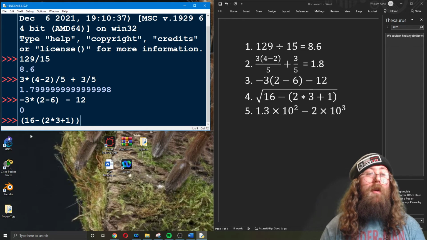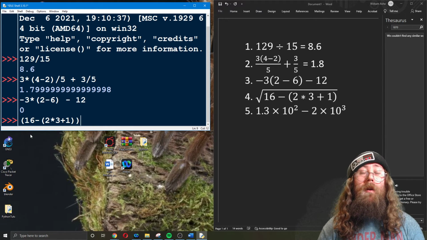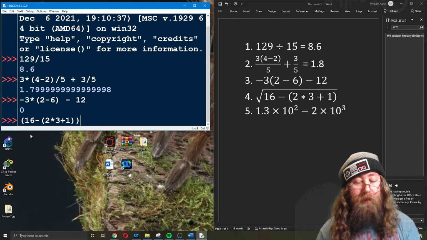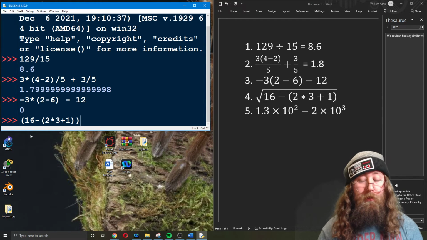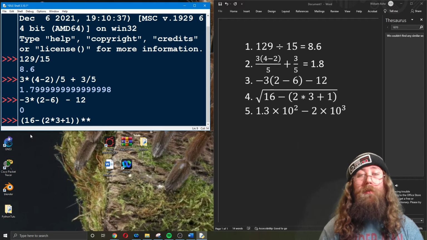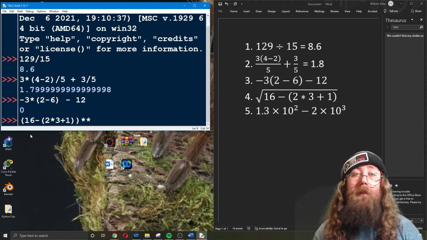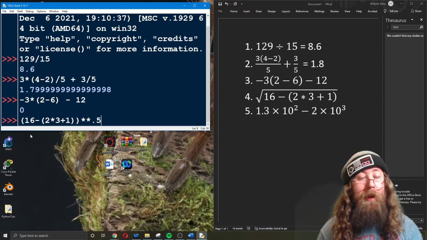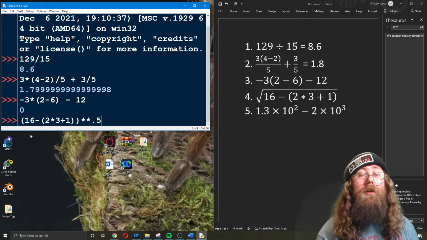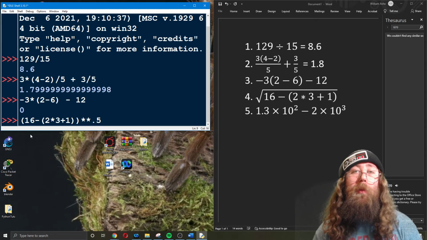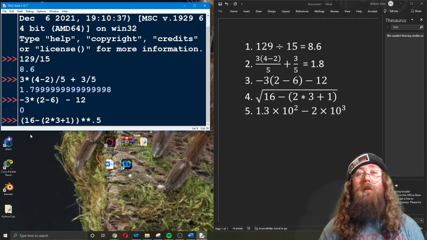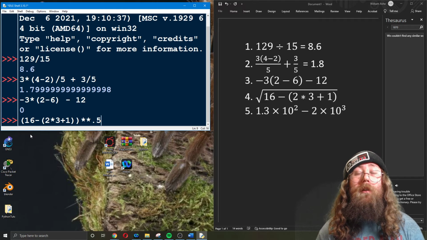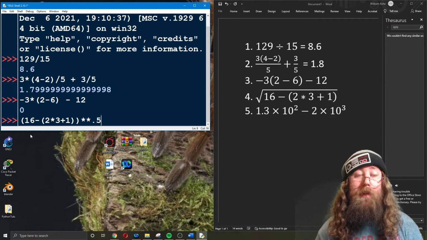Now that I have everything written there, I need to do the square root part. In Python, to show exponential, we use the double asterisk symbol. Double asterisk means exponential, and I'm going to put it to the half power. When you have a decimal exponent, you actually end up with a radical expression, and when you exponent to a half power, that's the square root.